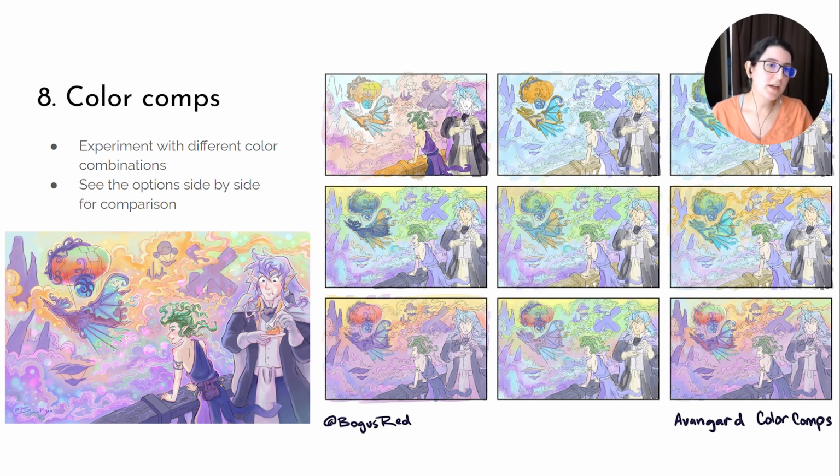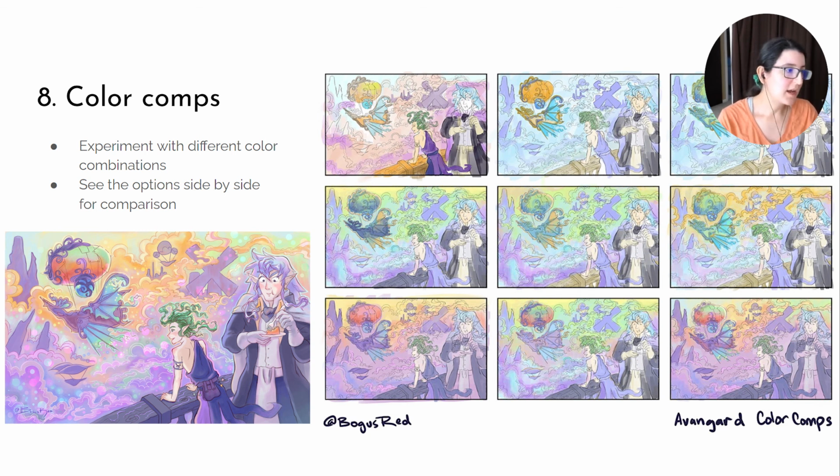Because if you're going into the final illustration and you don't really have a clear understanding of what colors you're going to do, you're going to get really frustrated. You're going to keep painting over the same areas over and over again. It'll take a lot longer. It could get really frustrating.